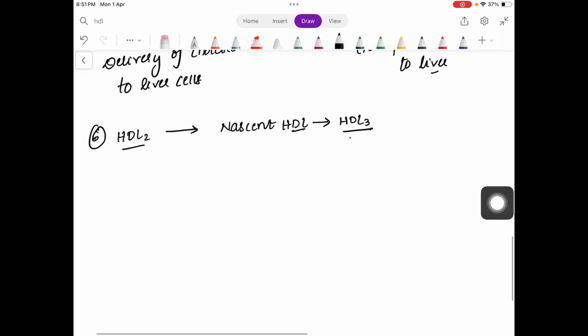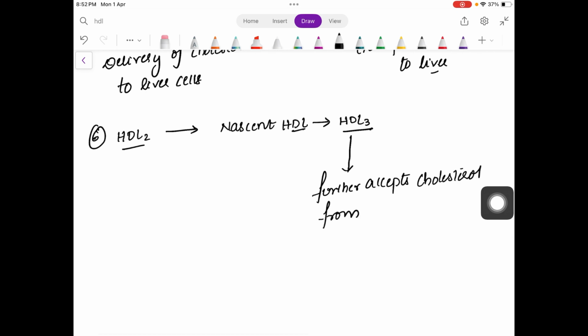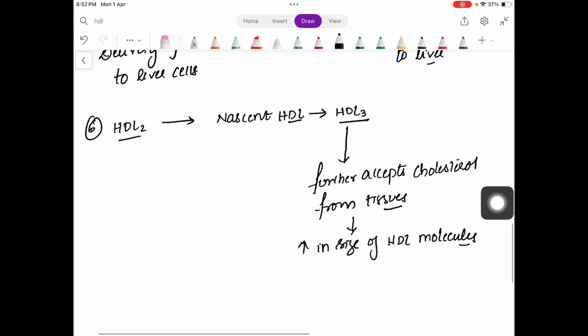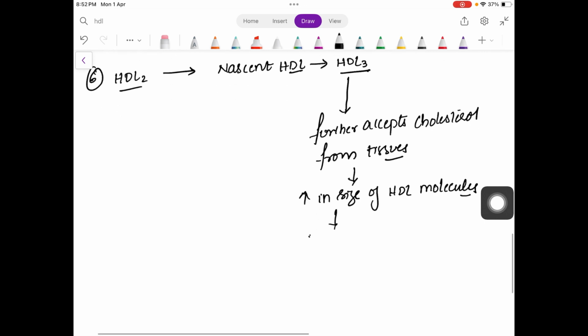And these HDL3 molecules further accept cholesterol from tissues, and they will increase in size, and they will become less dense, and these less dense molecules are called HDL2 molecules.